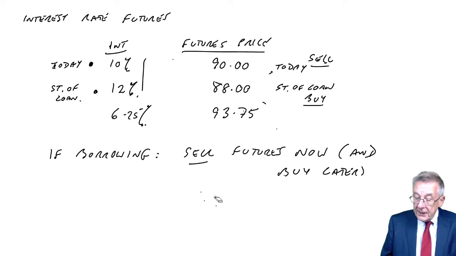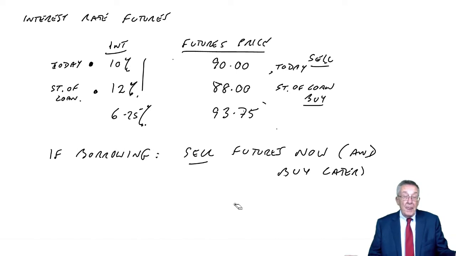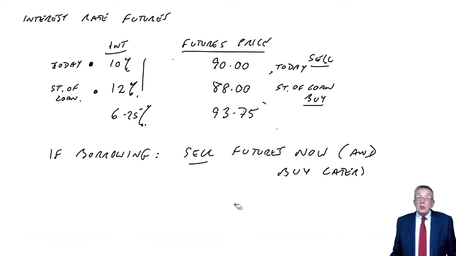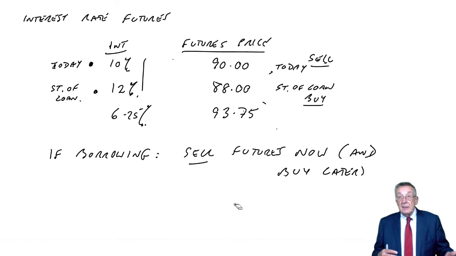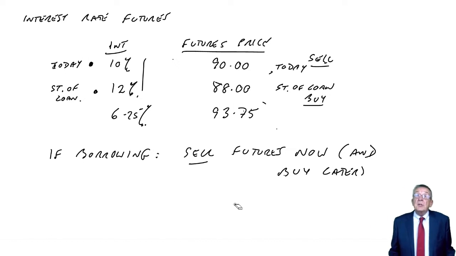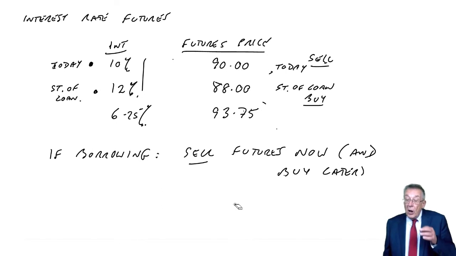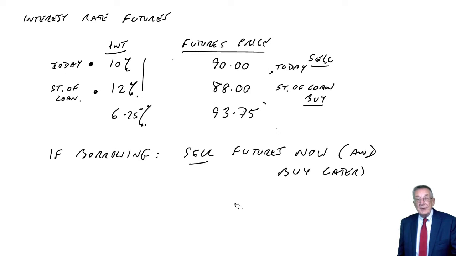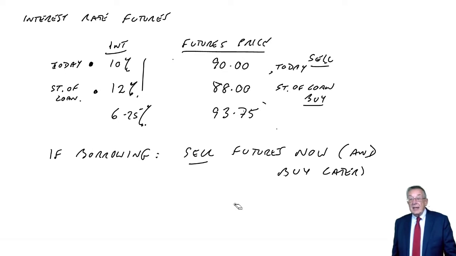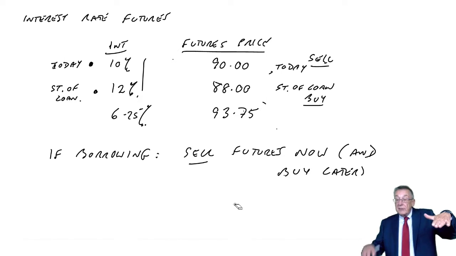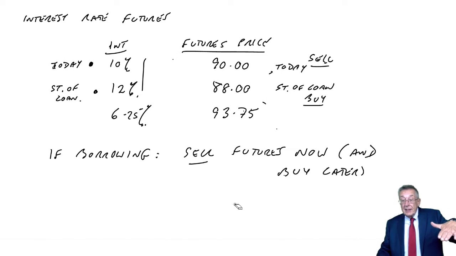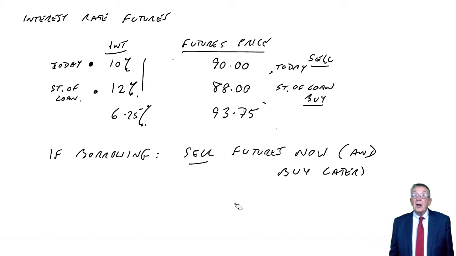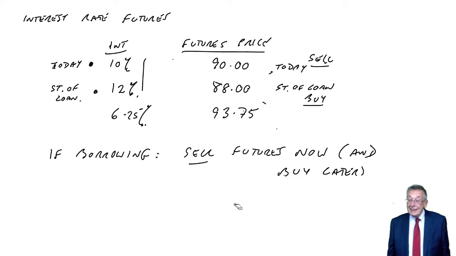I've already made the point in earlier lectures that with these sorts of things, you can do it in either order. You can either buy now and sell later, or sell now and buy later, because with futures we only settle up at the end of the deal. But if you're borrowing money, you always will sell futures. And if the interest rates go up, the futures price goes down. You buy back at the lower price and you've made a profit.